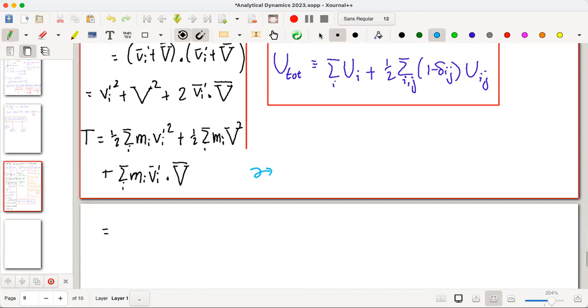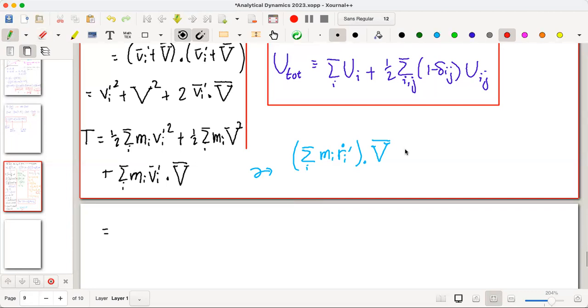Remember that the last term, we have the sum over i of mi times ri prime dot, and this is dot producted with capital V. But we know already from our previous derivation that this is just zero.